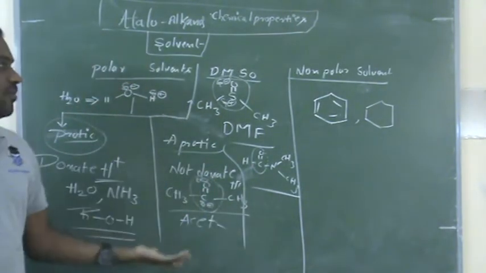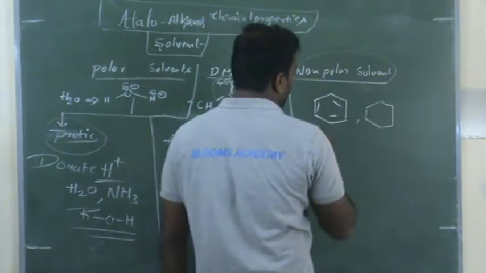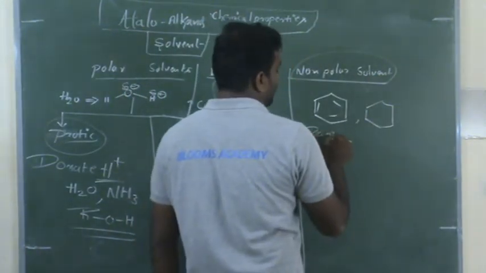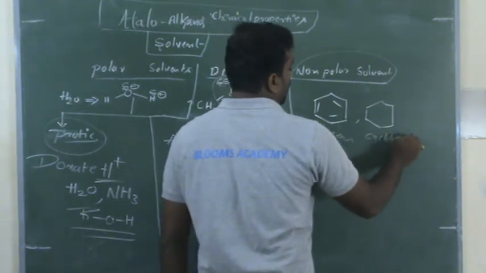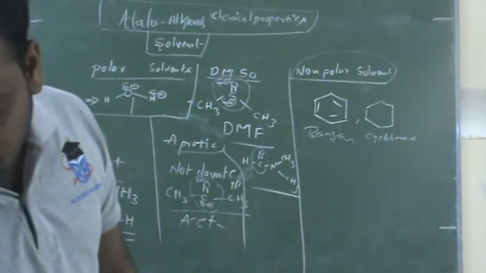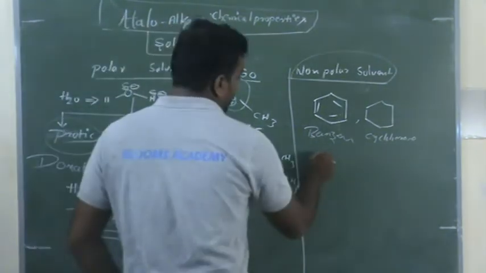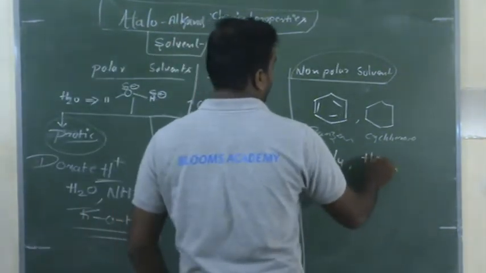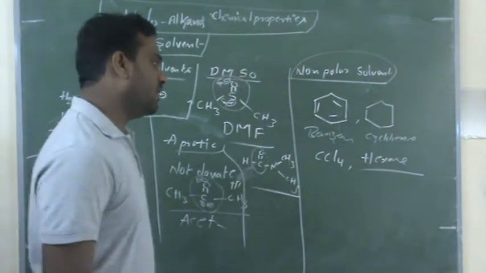I said already that there are many non-polar solvents. One is benzene and cyclohexane. Some more examples of non-polar solvents are carbon tetrachloride, CCl4, and hexane. Cyclohexane and hexane are different.